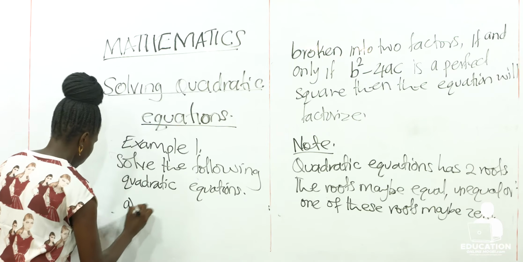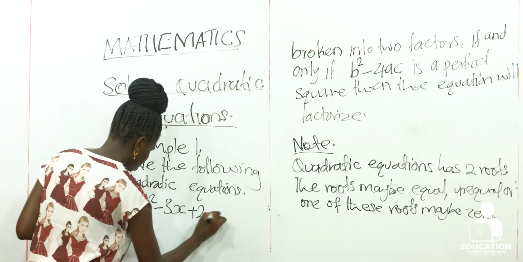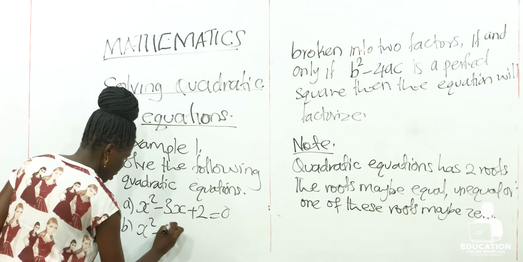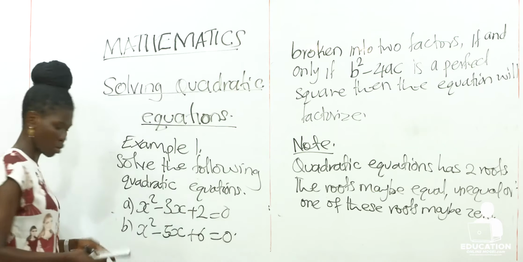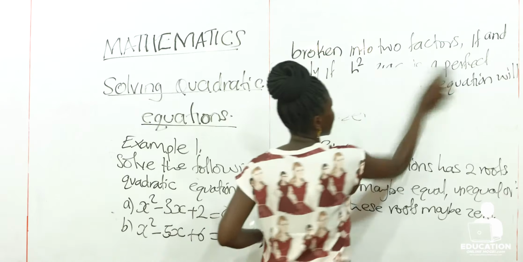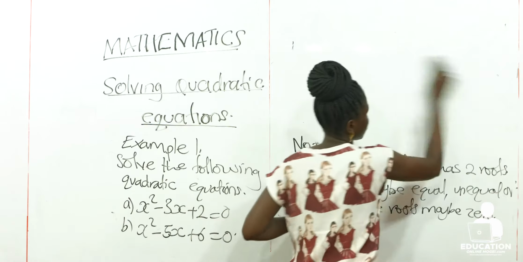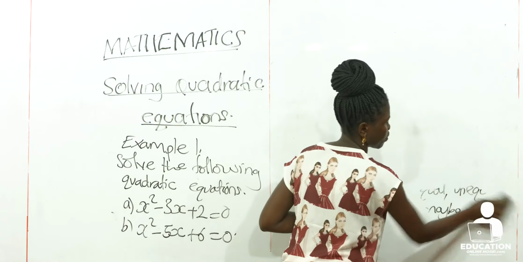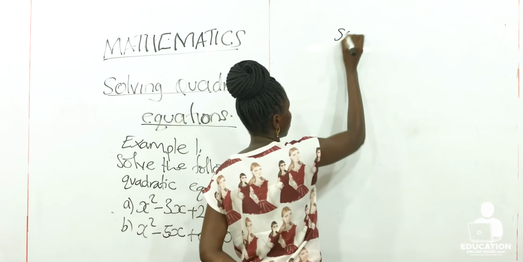We have a as x squared minus 3x plus 2 is equal to 0, and our b will be x squared minus 5x plus 6 is equal to 0. So we have two different equations here as our example. We need to solve them differently, and we understand how we use the factorization method to solve quadratic equations. So we are seeing our first example. Let's have the solution.